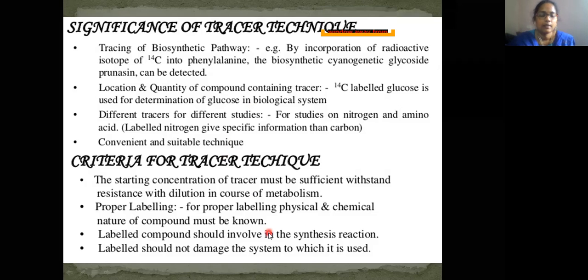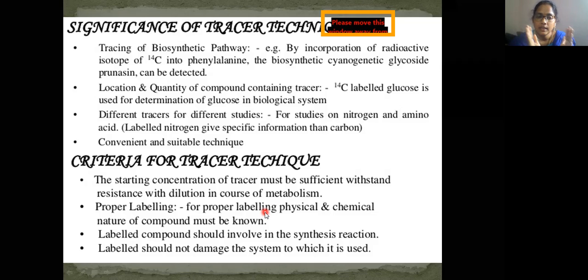Next, the labeled compound should be involved in the synthesis reactions. Here we are using carbon. If I am using the carbon C14 radioisotope, it should be involved in the reactions the same as the carbon element. It may be a synthesis reaction, a breakdown reaction or a condensation reaction, whatever it may be.